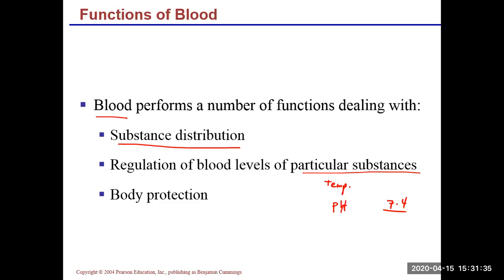If it gets too acidic, a lot of enzymes lose their function. If it gets too basic, same problem. In fact, more problems occur if your blood is too basic than too acidic. Alkalosis can cause a number of problems, but the body's buffer is very limited when it comes to alkalosis. Anyways, that's what we need to regulate.